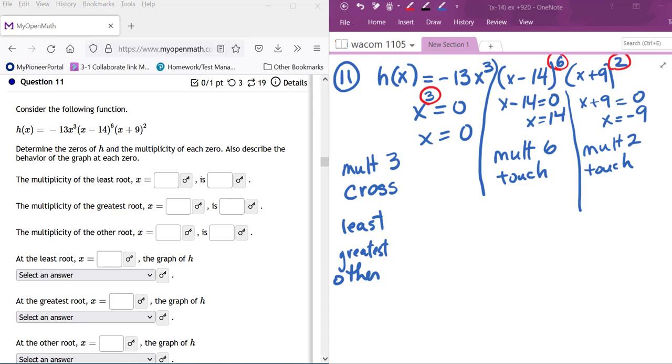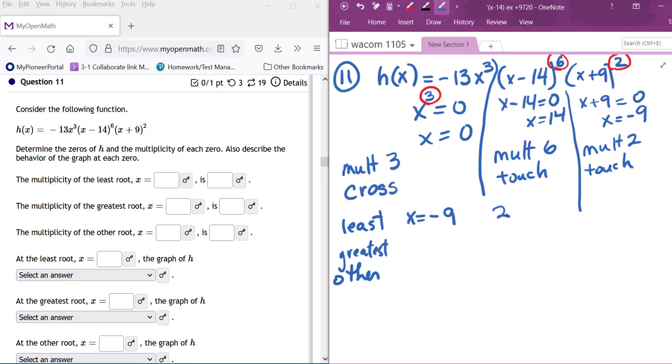So let's look at these questions. The multiplicity of the least root, right? So our least root is -9. Its multiplicity is 2.